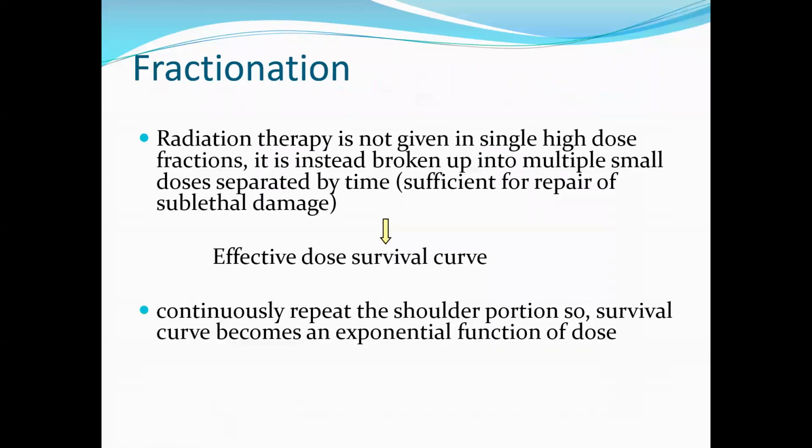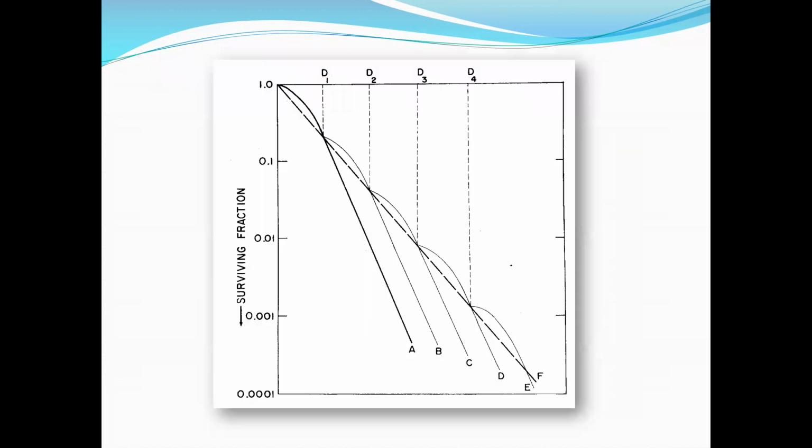Now coming to fractionation. Radiation therapy is not given in a single high-dose fraction. It is instead broken up into multiple small doses separated by time sufficient for repair of sublethal damage. The effective dose survival curve continuously repeats the shoulder portion, so the survival curve becomes an exponential function of dose. Survival curve A is after D1. If you give D2, this is the shoulder.